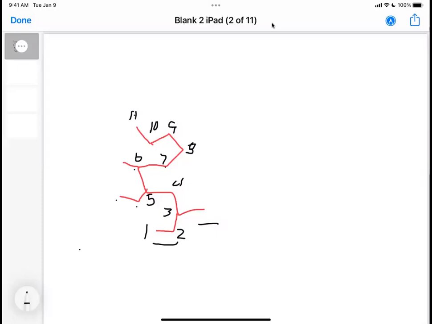So now we have our parent. So we're going to write that down. Undecane. Okay. So what I like to do is I like to just write them down first, and then we can put them all in order later. But I just want to see if we have it.